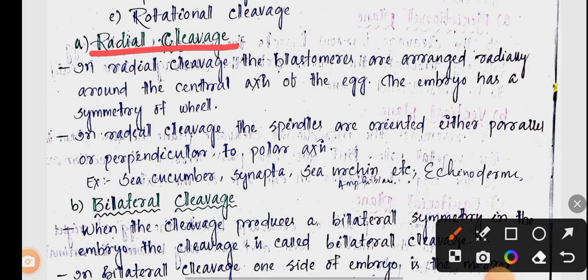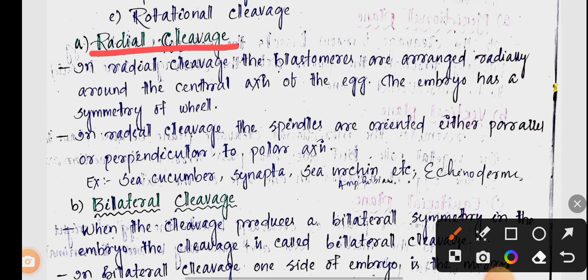In radial cleavage, the blastomeres are arranged radially around the central axis of the egg. The embryo has a symmetry of a wheel.